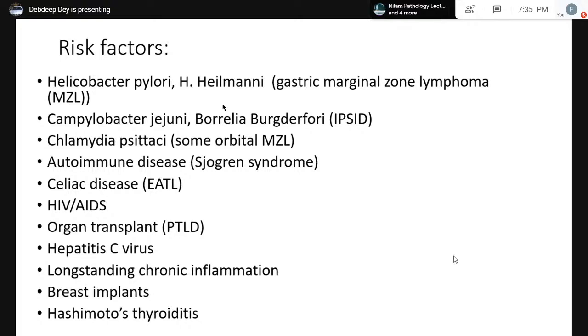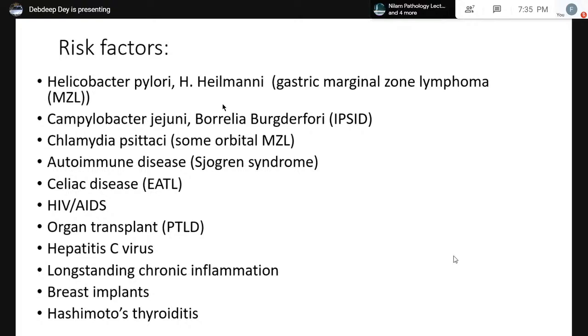From there we go to the weird and the wonderful, which is Campylobacter jejuni or Borrelia burgdorferi. This is responsible for immunoproliferative small intestinal disease, which is not found in our part of the world, mainly in the Middle East. Chlamydia psittaci can cause orbital or ocular adnexal marginal zone lymphoma.